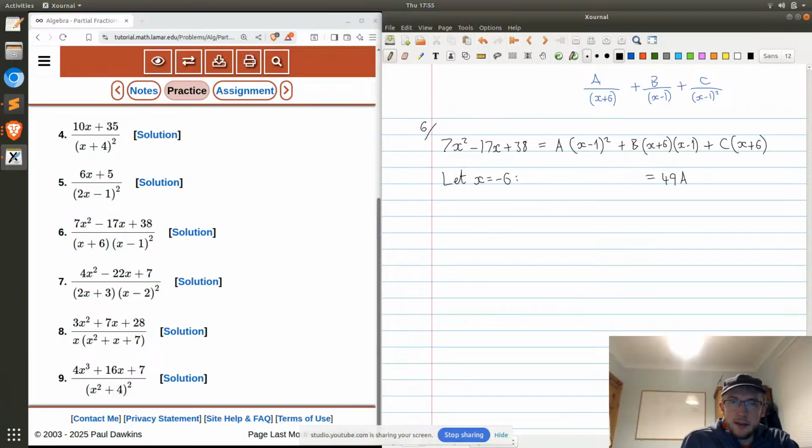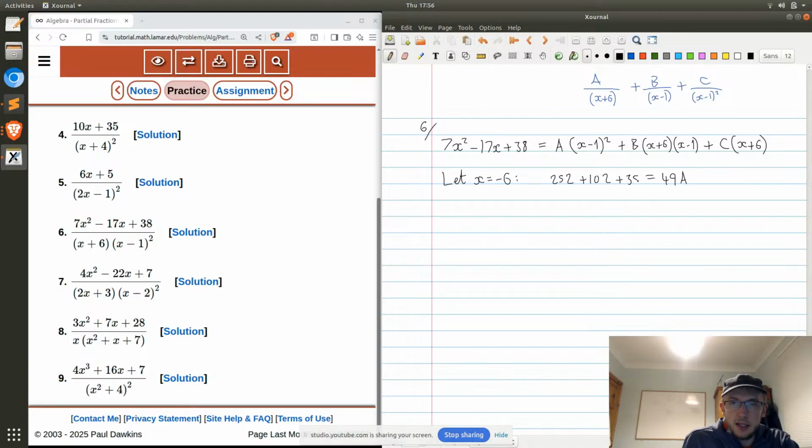And on the left-hand side, what's 7 times the square of negative 6? That would be 7 times 36, which is 252. What's negative 17 times negative 6? That's positive 102.